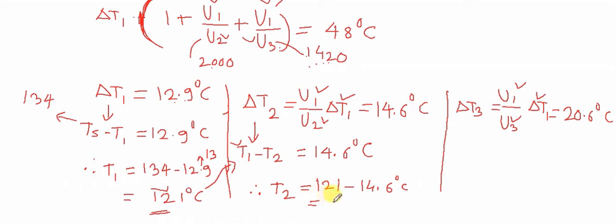T2 is coming 106.5. Actually it is 120.9 minus 14.6, that is 106.5.